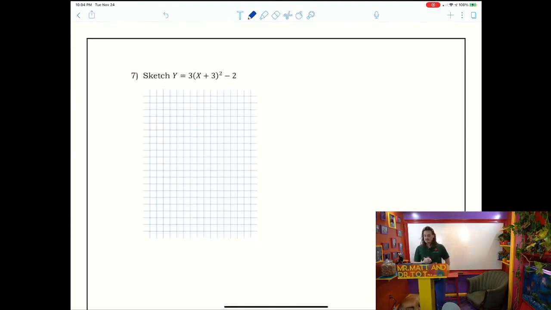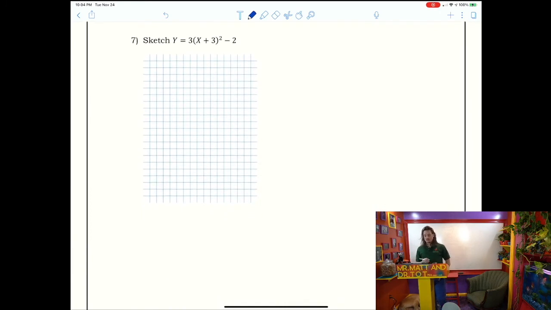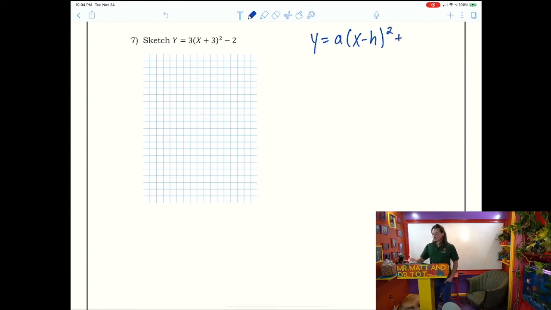Okay, number 7 and 8 and 9 as well are all in vertex form. So remember, vertex form is y is equal to a times the quantity (x minus h) squared plus k. So just like the intercept form, this h value is opposite common sense, but the k value goes with common sense. So that's one thing you have to memorize.